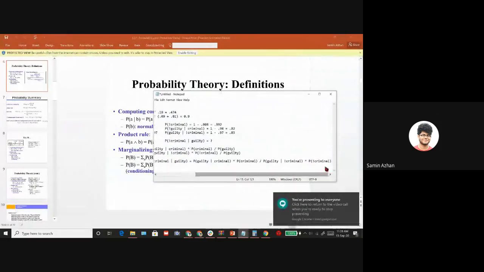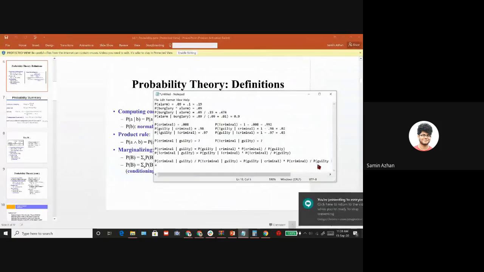Okay, now we can just plug in the values, since everything on the right side is known to us.